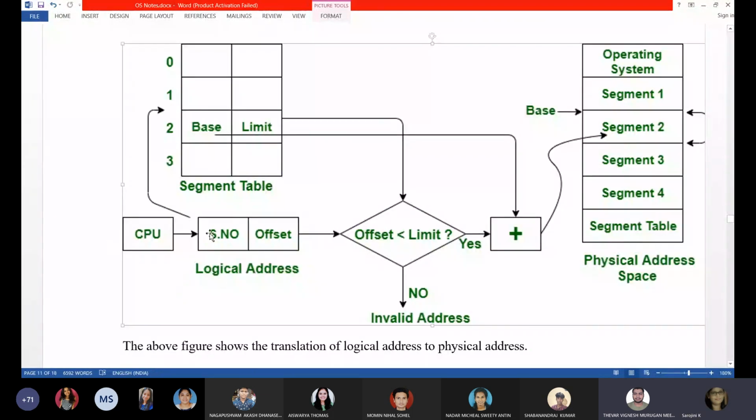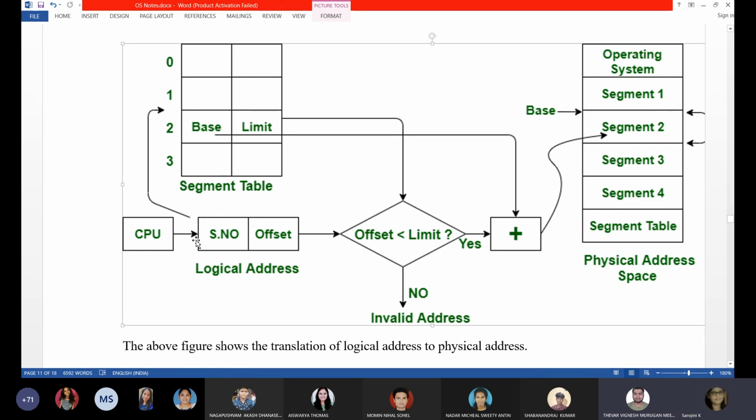Look here, CPU gives which address? Logical address. In paging, the logical address had page number and offset. Here it is segmentation, so the logical address will have segment number and offset. Offset is the inner content inside the segment that should be referred.